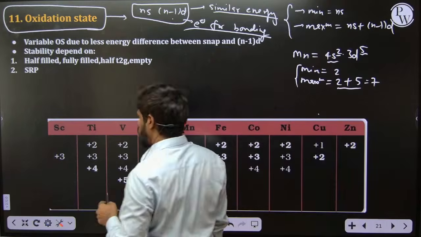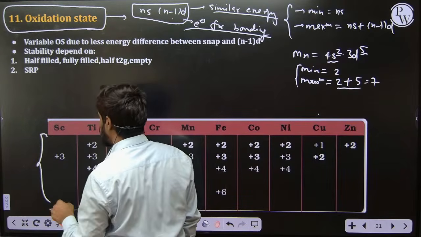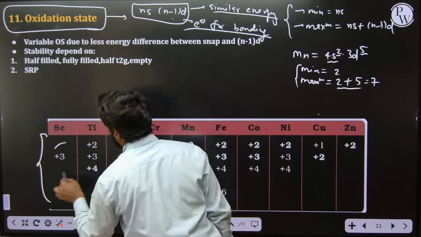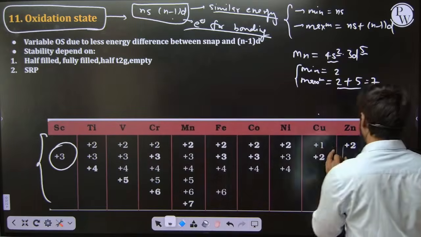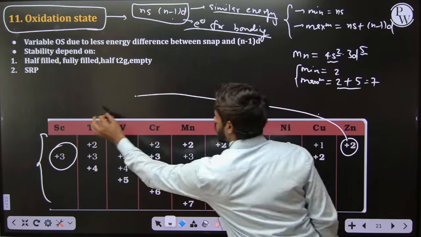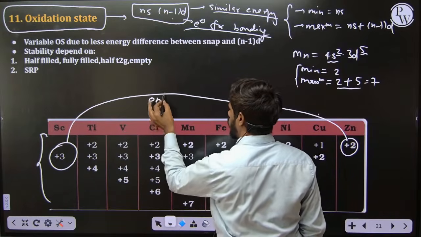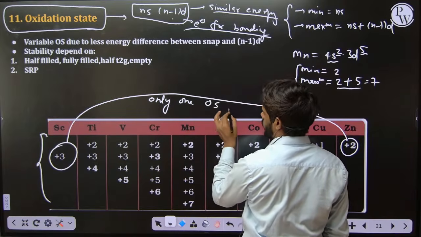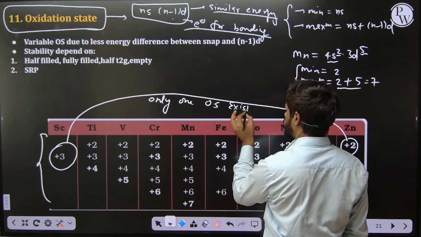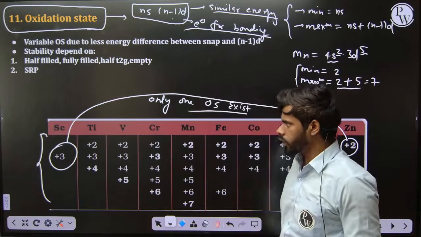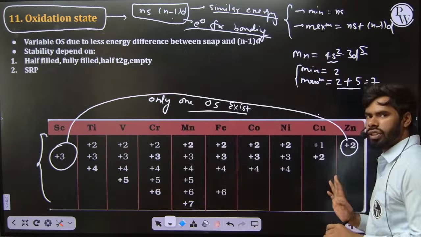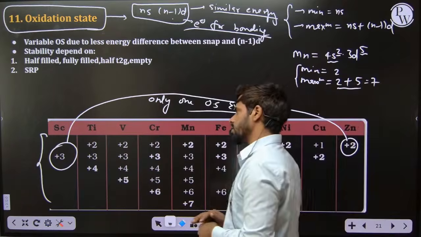On that basis we have a list of oxidation states of all the elements. In the case of scandium and zinc, only one oxidation state exists. This is very important. For scandium only plus 3 exists, and for zinc only plus 2 exists.